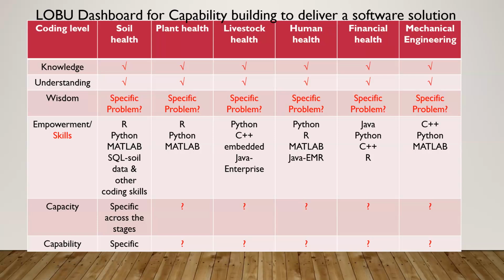Now, after you have identified your problem at the level of wisdom and you have gained the skills through empowerment, then capacity: you have to practice through the entire learning cycle or life cycle for delivering the software solution. And for the different stages, step by step, depending on your discipline, you will definitely have different skills, different activities. So that's why the table is blank at those levels.